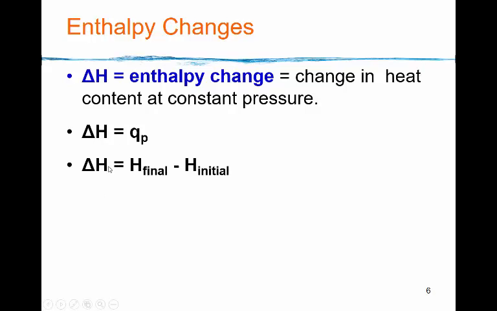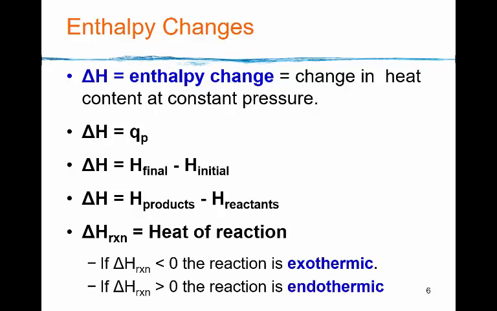The change in enthalpy is equal to the final enthalpy minus the initial enthalpy. Or another way of saying that is the change in the enthalpy of the products and the reactants. So the products minus the reactants gives you the change in the enthalpy.